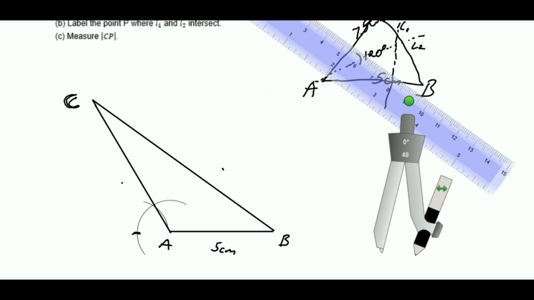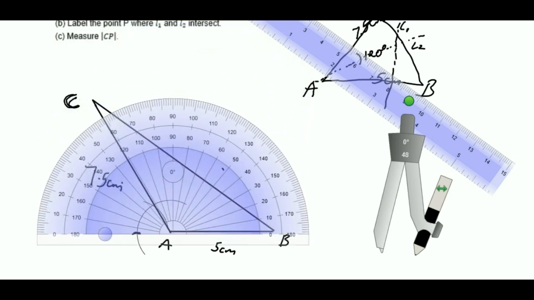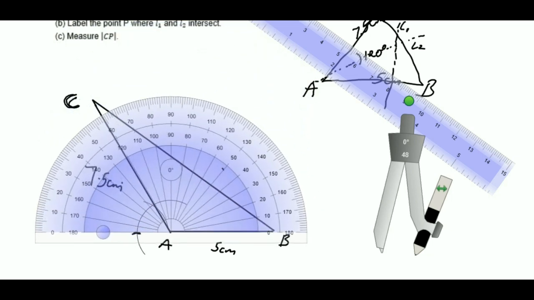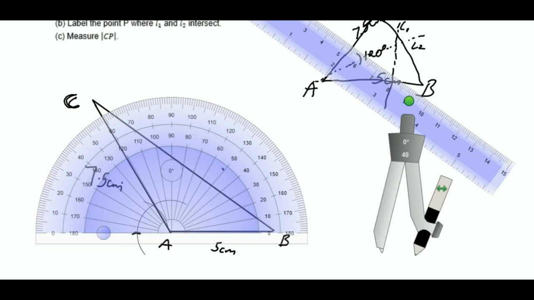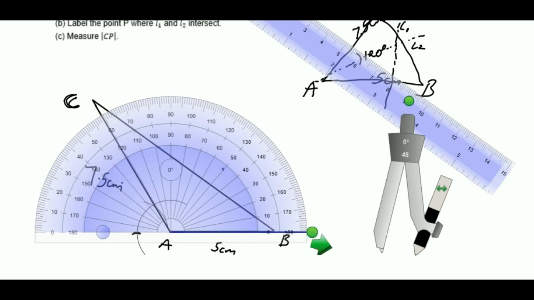Then you know that this one is 7.5 centimeters. What you can do, while you're marking yourself in the exam hall, is decide to measure the angle right from there, just to confirm if you're right. If I place my protractor here, I can see that my drawing, my angle here, is falling almost at 120 degrees.